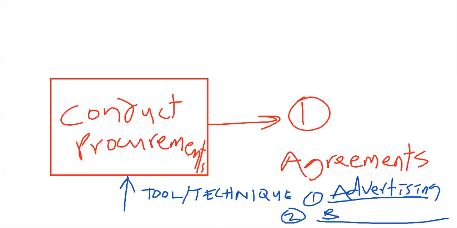In fact, you probably thought of this one first. 10 seconds. 5, 4, 3, 2, 1. The answer to this, my friends, is bidder conferences. Okay? Bidder conferences is your number 3. All right.